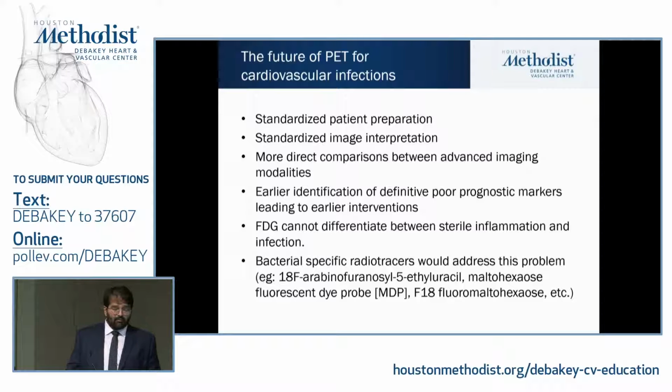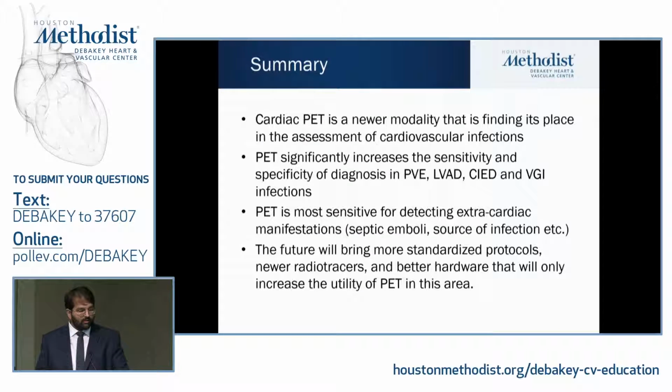That will definitely help elucidate PET's role in this process. And then bacterial-specific radiotracers, like fluoromaltohexose. When Dr. Dilsizian, former head of ASNC, was here, he discussed the application of some of these newer bacteria-specific tracers for infection. So all of that looks pretty promising.